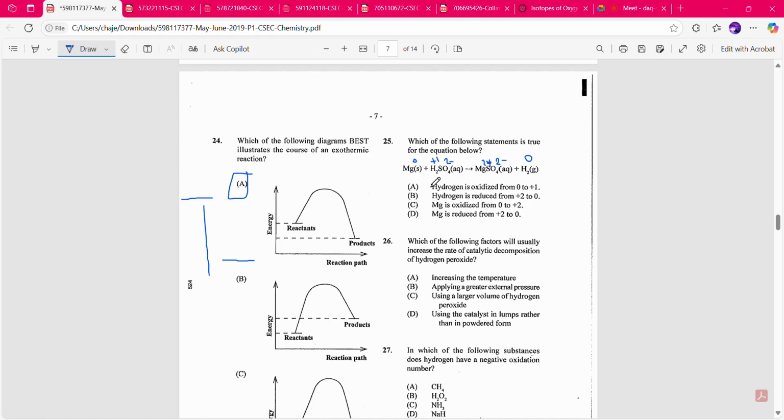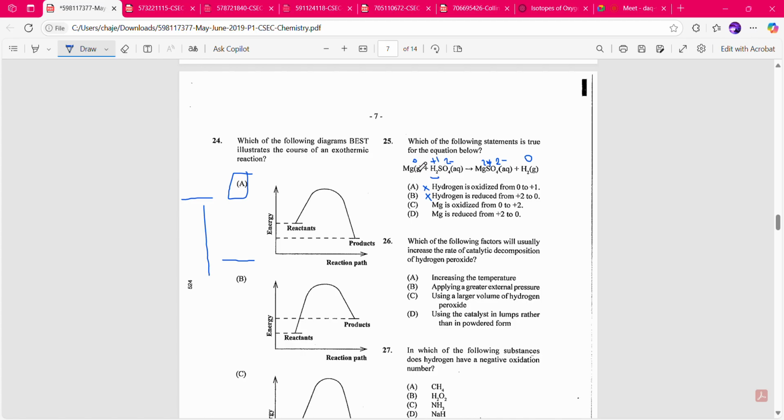So this says hydrogen is oxidized from 0 to +1. That is incorrect. Note that hydrogen was actually reduced. Reduction is the decrease in oxidation state, so it goes from +1 to 0. This one says hydrogen is reduced from +2 to 0. That is wrong. It was reduced from +1 to 0.